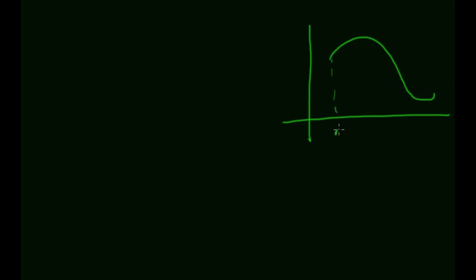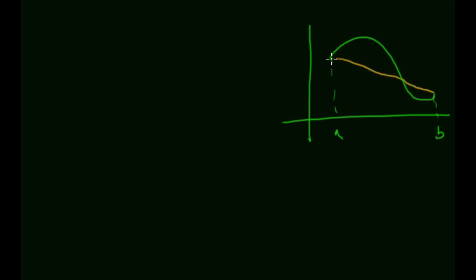Okay, so we're going to put ourselves in the first quadrant. We're going to build a bit of a function f here. This is going to be the a value. This is going to be the b value. And we're going to connect these things with this secant.